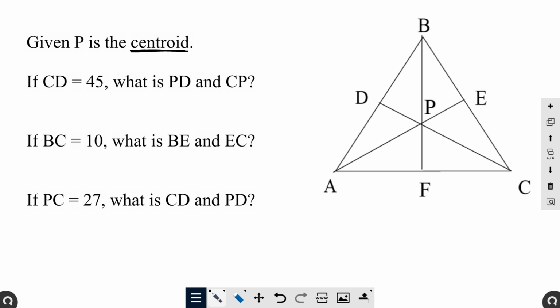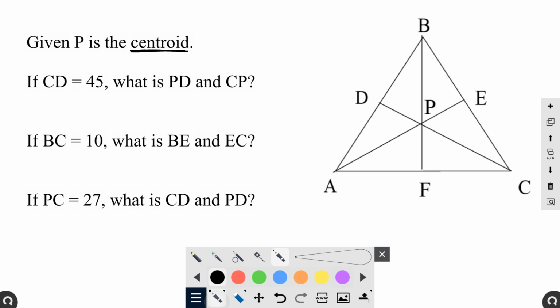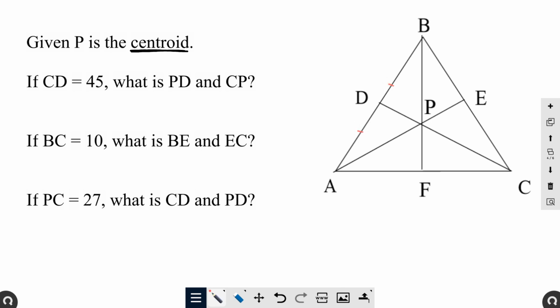So, what is the centroid made up of? Medians, right? And what does a median do? It hits the middle of each side. So if you wanted to label some things, this part is equal to this part, and this part's equal to that part, because the centroid is made up of the medians.